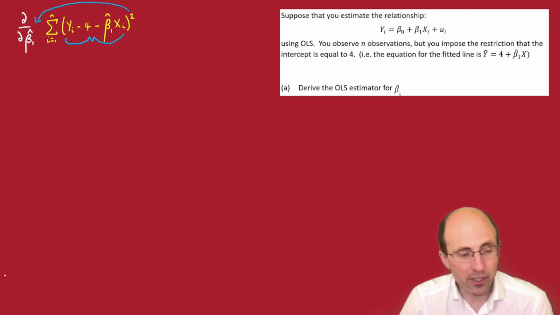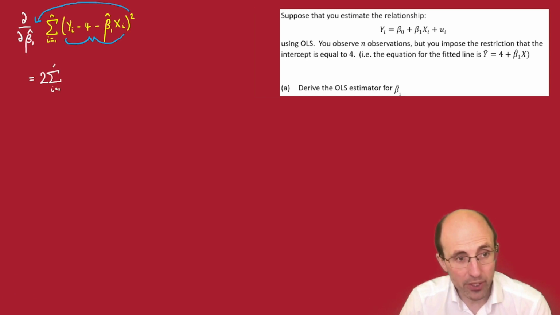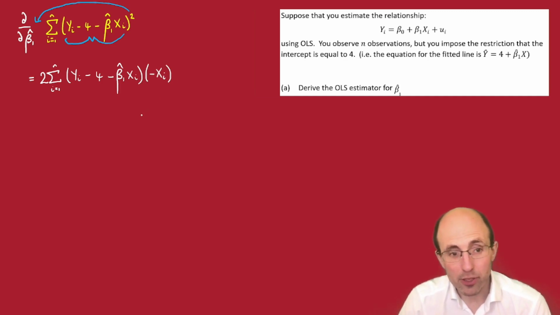So we can rewrite this derivative as being equal to 2 times the sum from i equals 1 to n of yi minus 4 minus beta 1 hat xi, and then we multiply by the derivative of what's inside the brackets with relation to beta 1 hat. The derivative of yi is 0, the derivative of minus 4 is 0, the derivative of minus beta 1 hat xi is going to be equal to minus xi. And then, because we're trying to find the minimum, we set that all equal to 0.